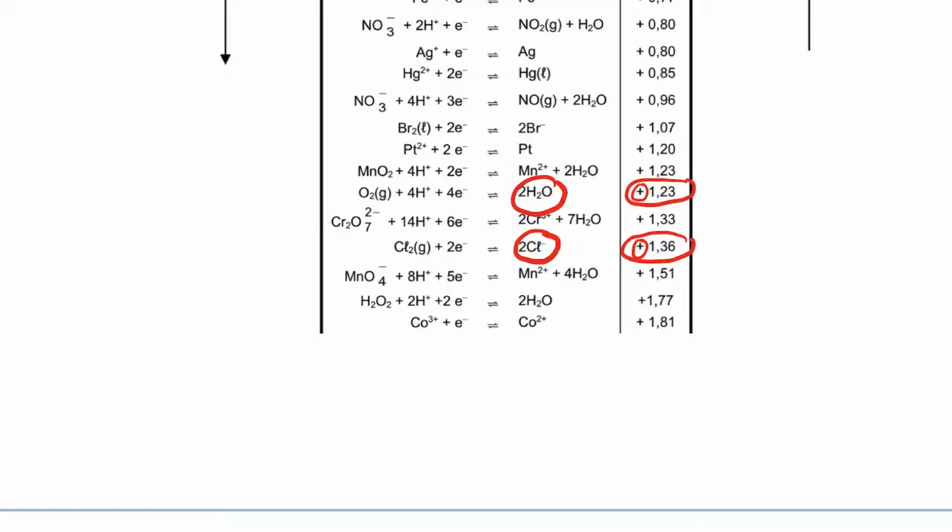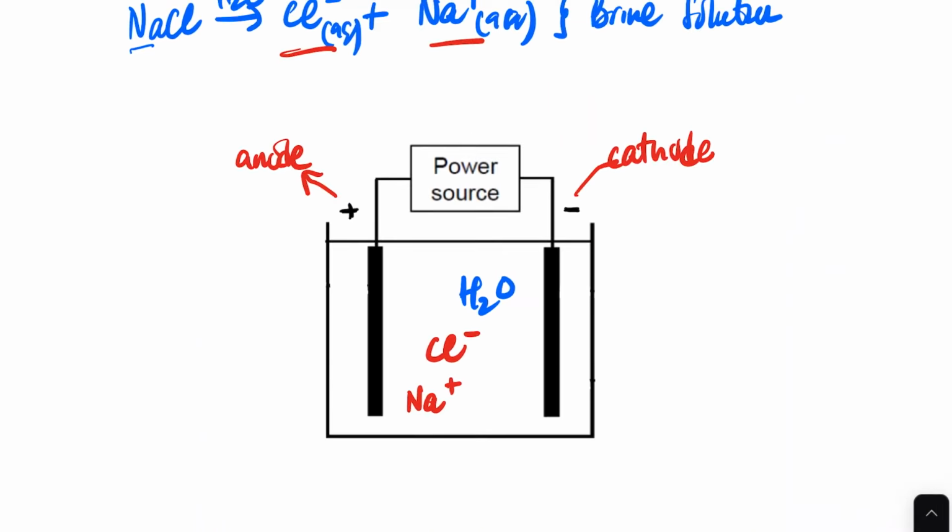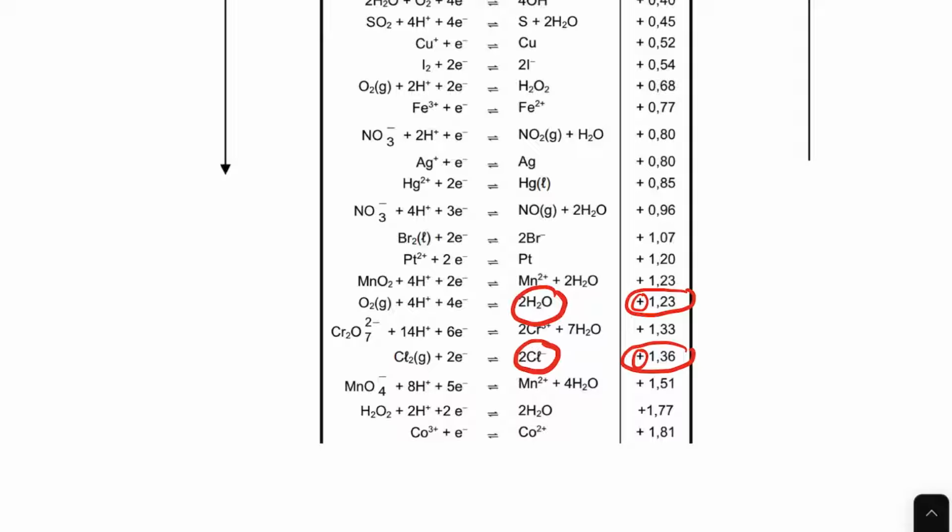If they're positive values, that means this is the oxidation that is going to take place. Remember, in the terminals of the battery, the electrode that is positive is where the oxidation takes place. So between the two, there is one that is going to oxidize.